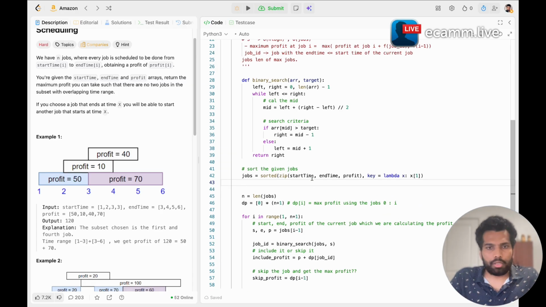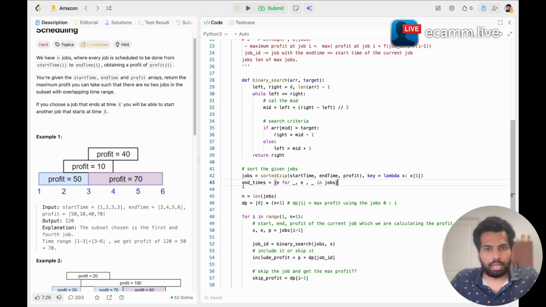Because we are already sorting the jobs, if we just do the binary search on the end times, that should also work, I guess. Let's say end_times equals e for s, e, p in jobs, because the jobs are already sorted, I think this should work.